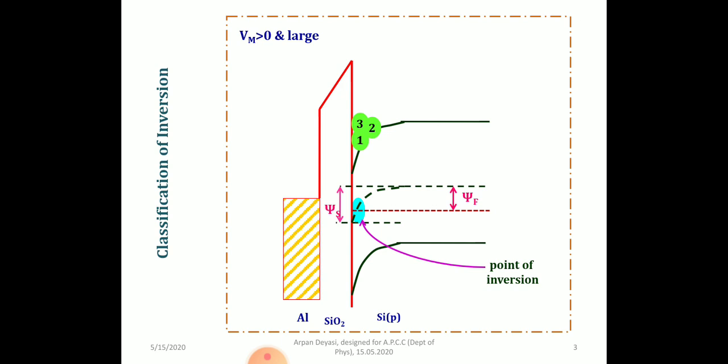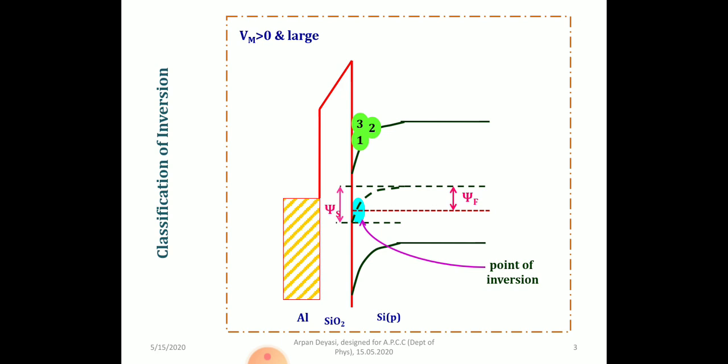But if you introspect that region more closely, the gap between intrinsic and extrinsic Fermi at the bulk is greater than the energy gap after crossover. That means the value of psi f, which is achieved at the bulk condition, is greater than the difference of the Fermi levels after crossover.